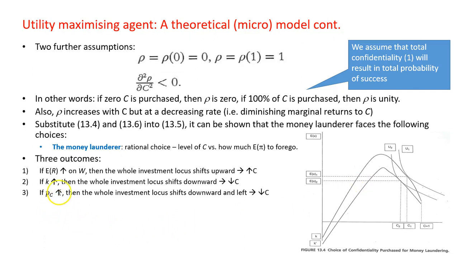And if the price of confidentiality increases, then there's also going to be a decrease in the amount of confidentiality purchased, because it's becoming more expensive and not worth the extra return that you get from confidentiality. So some quite common-sense conclusions there, which is reassuring, but it's just mapped out the problem of money laundering in what I hope is a useful way.